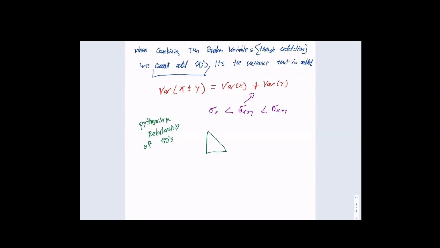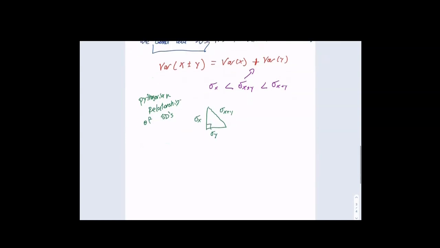If I have the standard deviation of x plus y, it holds the relationship like this. I'm going to put a minus, it doesn't matter if I do adding or minus. And so this gives me my formula for the relationship for standard deviations. It's a Pythagorean relationship, not a linear relationship.